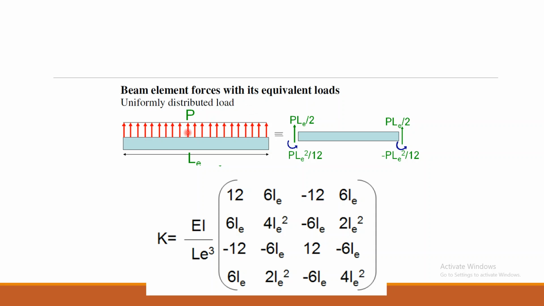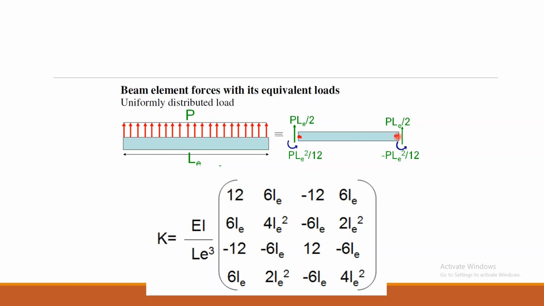The UDL is actually a surface phenomenon, which acts over the surface, so I cannot model it or consider it as a load. Instead I should convert it so that it acts over the ends only, that is at the nodes.